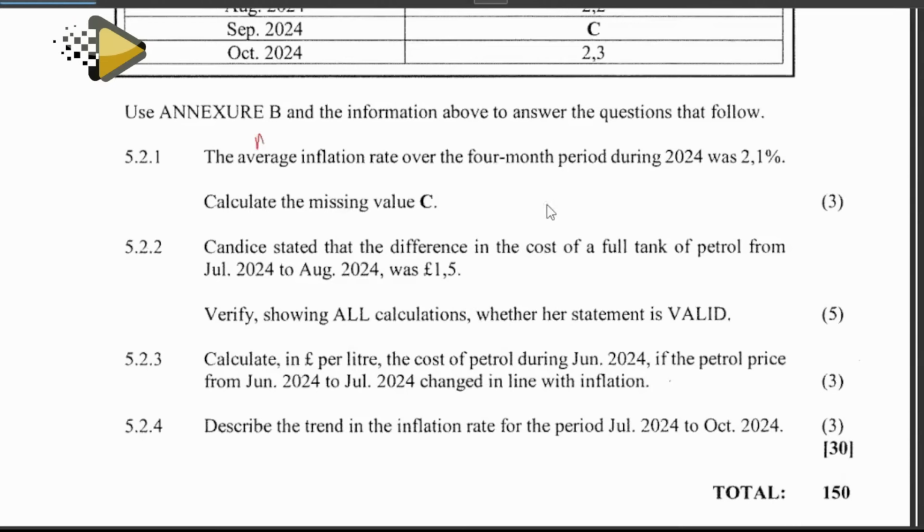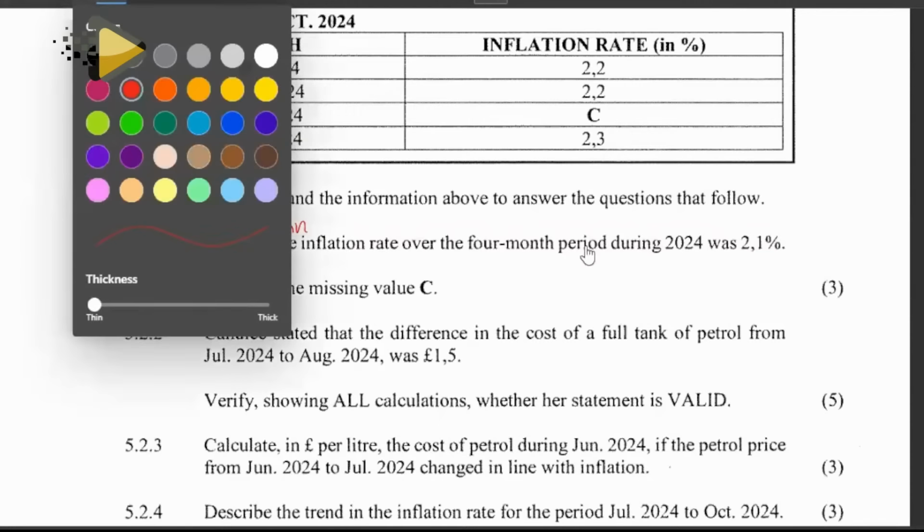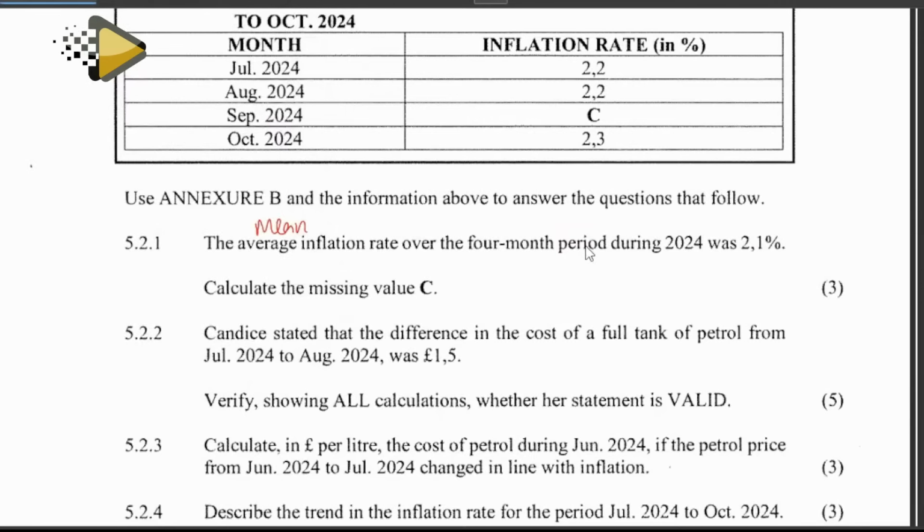Average rate, so meaning the mean. You understand? When you add these 4 months, the mean they got was this much. So how are we going to get the value of C? We shall ask ourselves how they got it. They added everything, so I'm going to say mean times 4 minus 2.2 times 2 plus 2.3. Our mean is already given as 2.1, not 21.